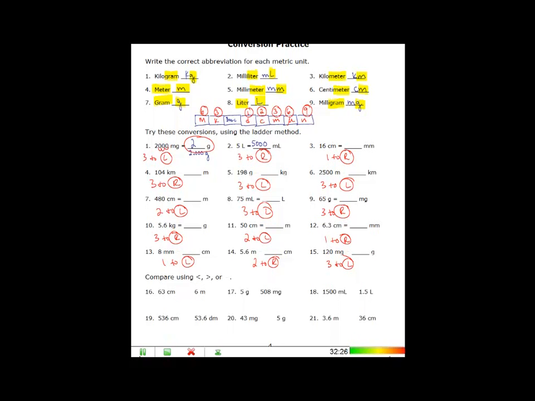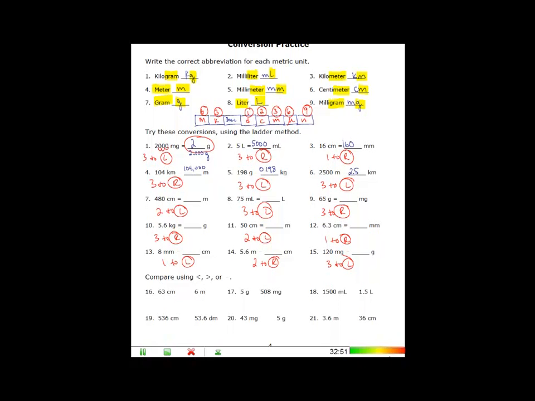Okay, so number 2 is 5,000 milliliters. Number 3 is 160 millimeters. And underneath these, I've written how many times you need to move the decimal and in what direction. Number 4, 104,000. Number 5, 0.198. Number 6, 2.5.